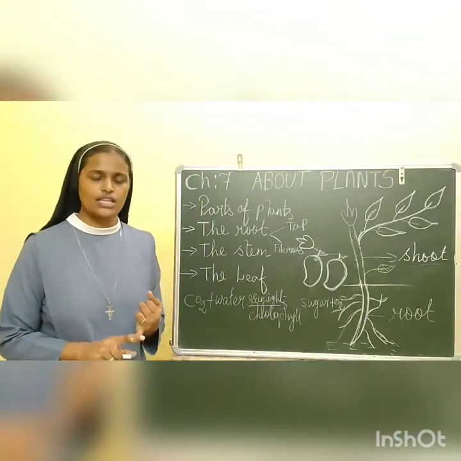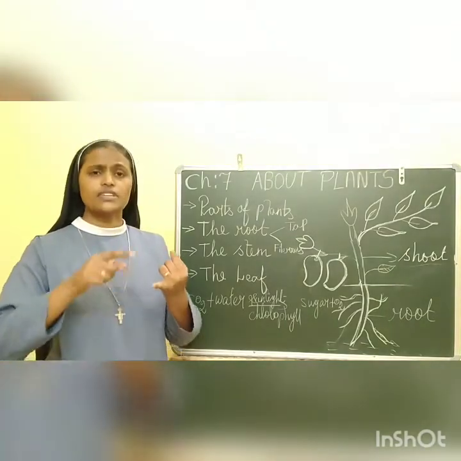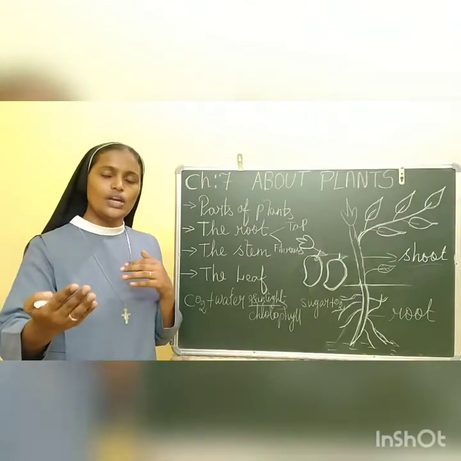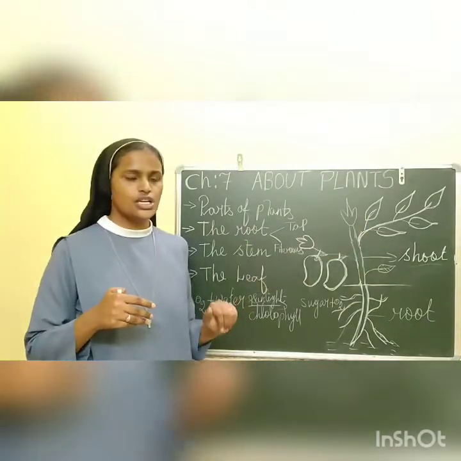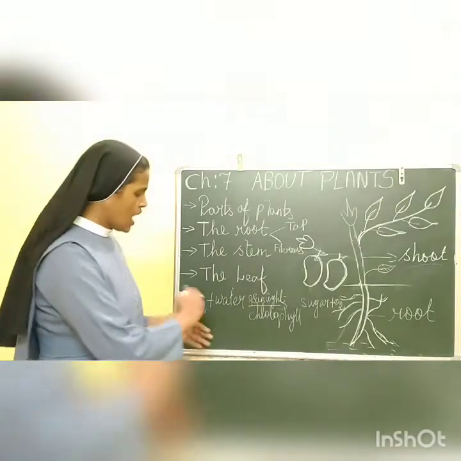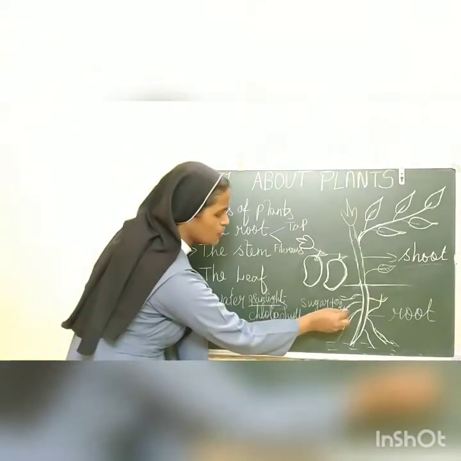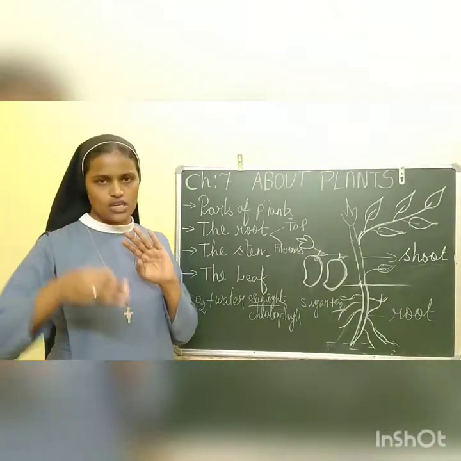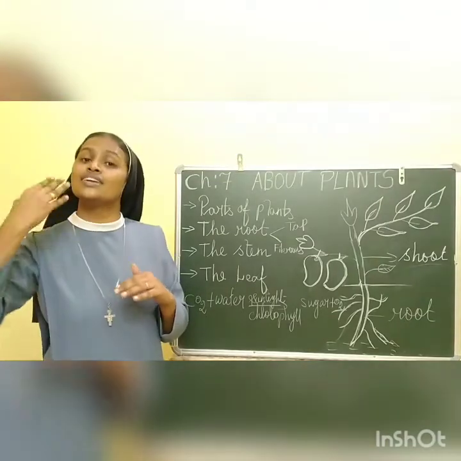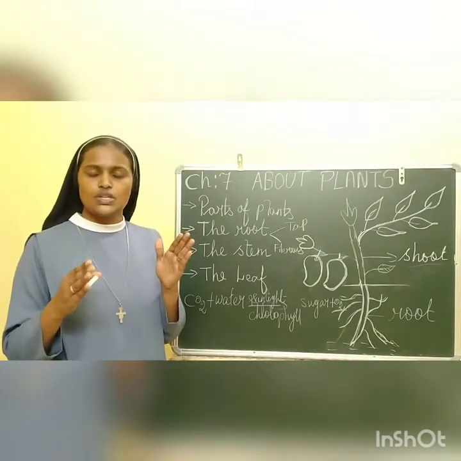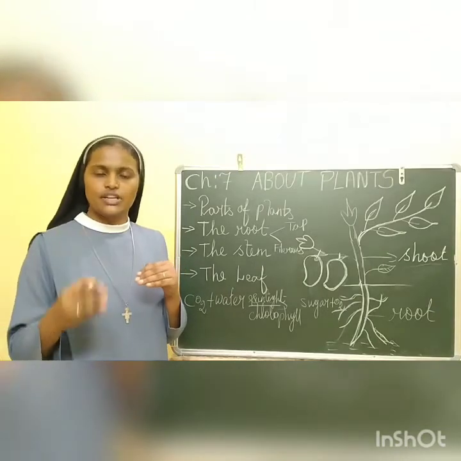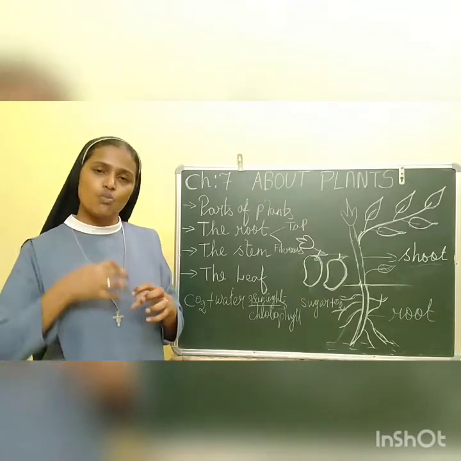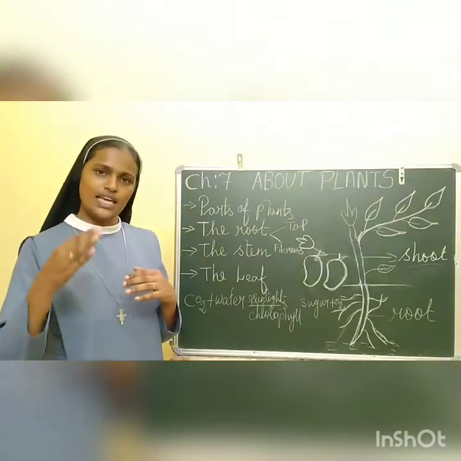And also, one more thing, the leaves help in exchanging of gases. For preparing food, it takes carbon dioxide, and after using it, it produces oxygen. So it takes in carbon dioxide and releases oxygen. We take in oxygen and release carbon dioxide. That is why everyone encourages you to plant many plants, because we need more oxygen to have a healthy life.